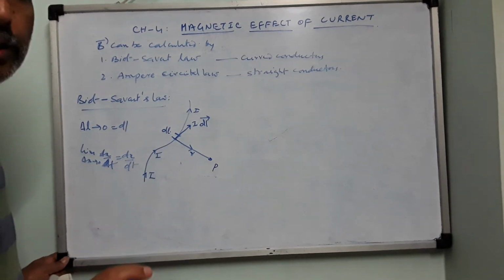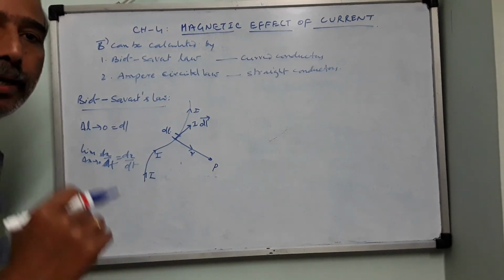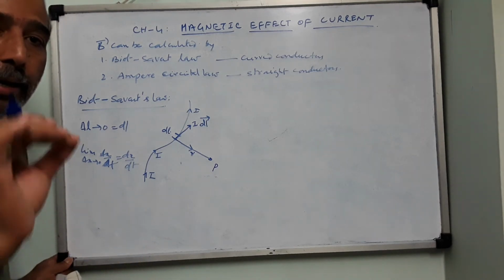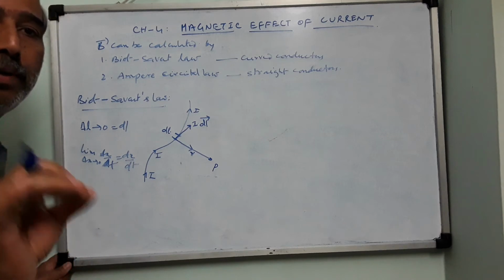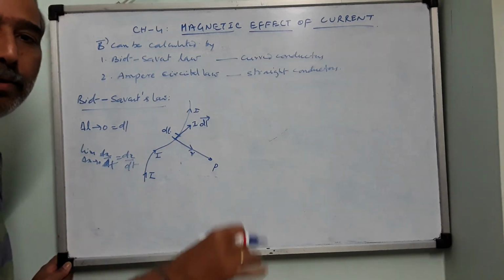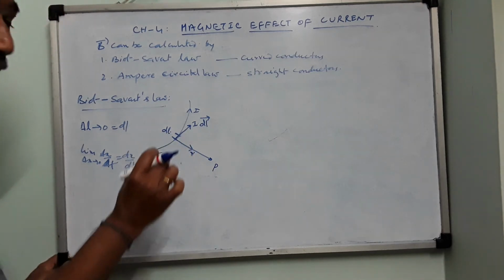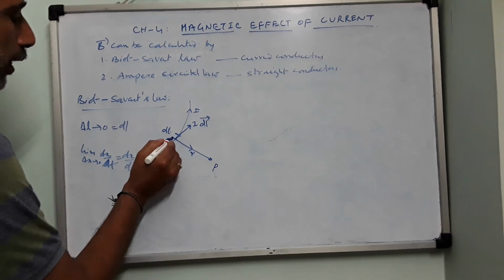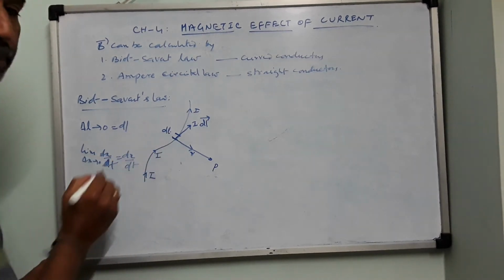There is no such ambiguity of beginning, ending or intermediate points. I told you when delta L tends to 0, it is considered dl, so dl is almost like a point, and from that point you are drawing. But for our convenience, to understand the concepts clearly, I am exaggerating the magnitude of dl.